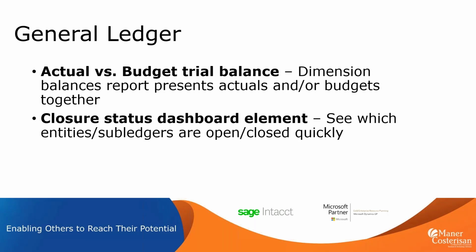Once again, it may not be one of those things that everyone uses, but for those of you who have a step-by-step process to closing, that may be a good thing to add to a dashboard.